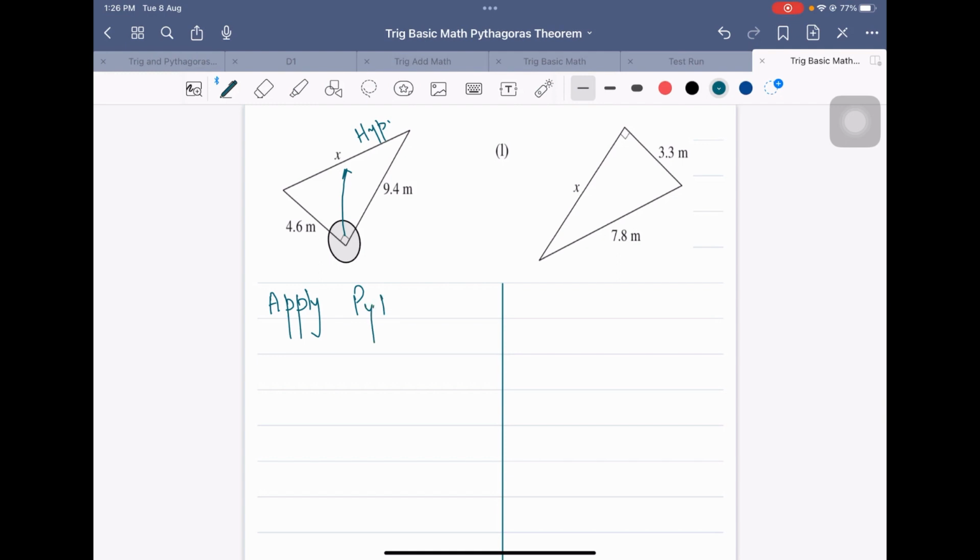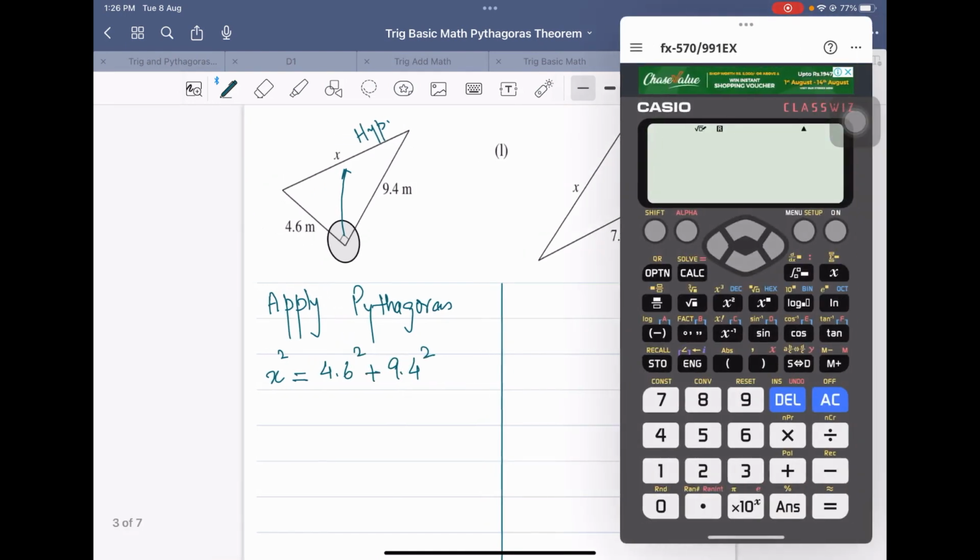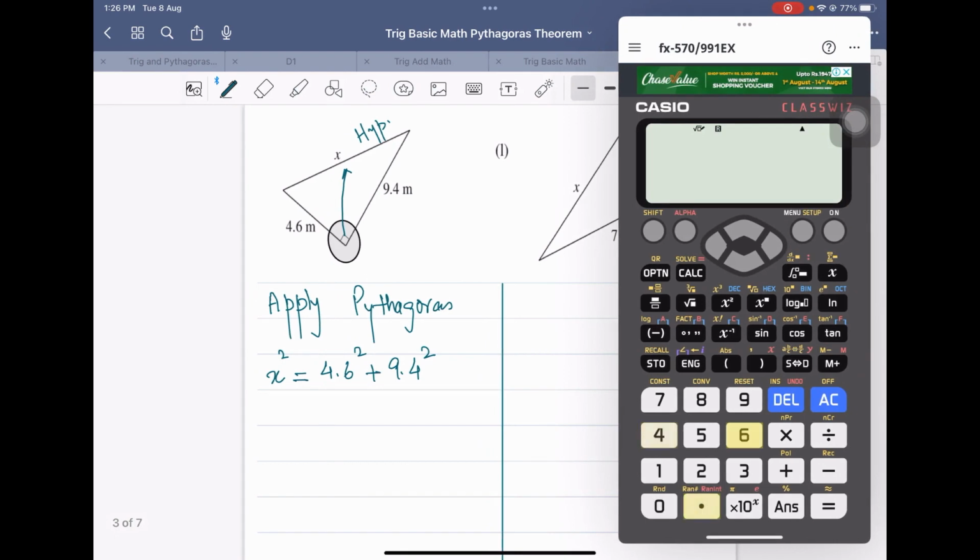When we apply the Pythagorean theorem, we say that x squared, which is the longest side, is equal to 4.6 squared plus 9.4 squared. If I apply that, 4.6 squared plus 9.4 squared gives x squared equals 109.52.